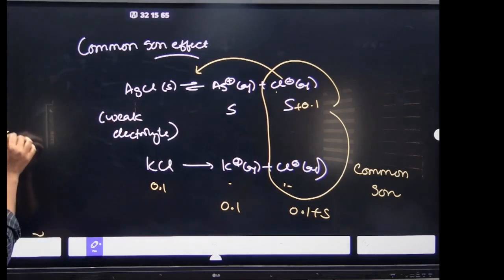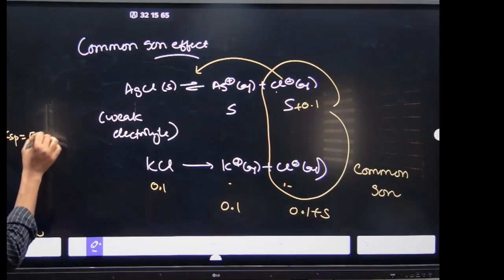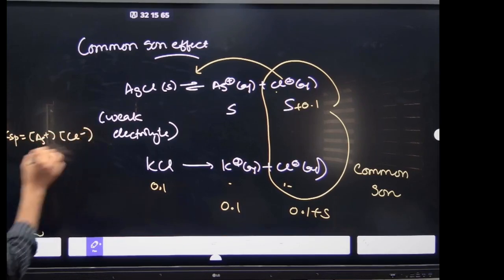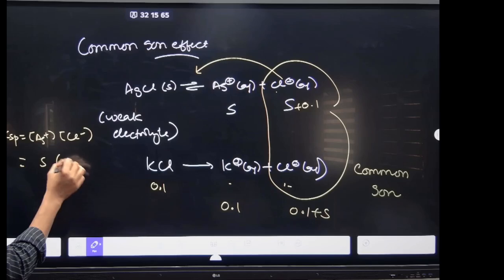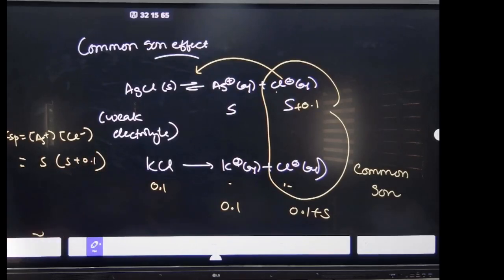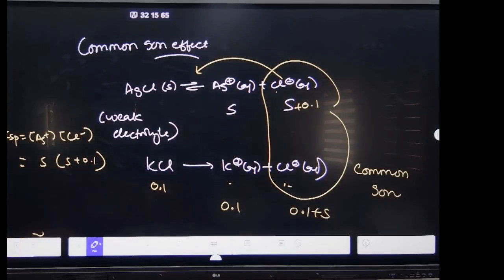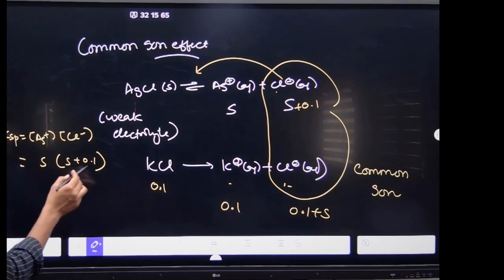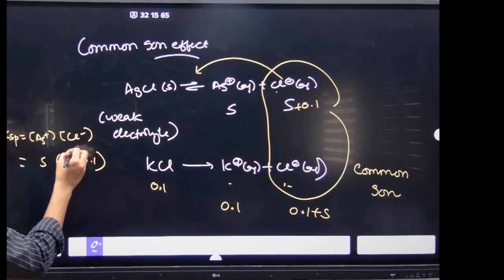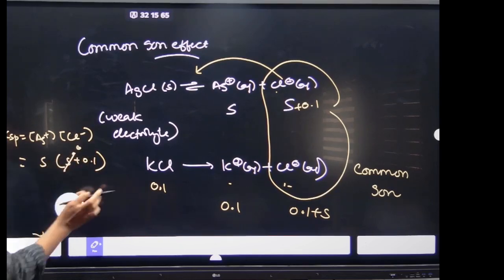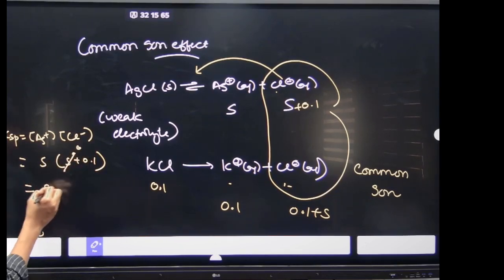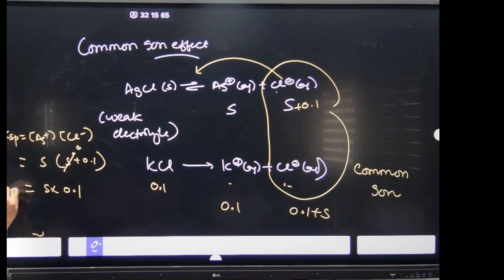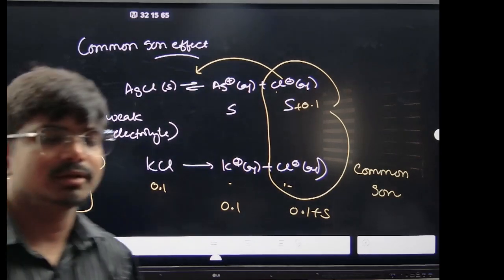Ksp is equal to concentration of Ag plus into concentration of Cl minus, which is equal to S into S plus 0.1. Now you know this S is very small with respect to 0.1, so this can be ignored, which implies you can write Ksp is equal to S into 0.1. Got it? Write down.